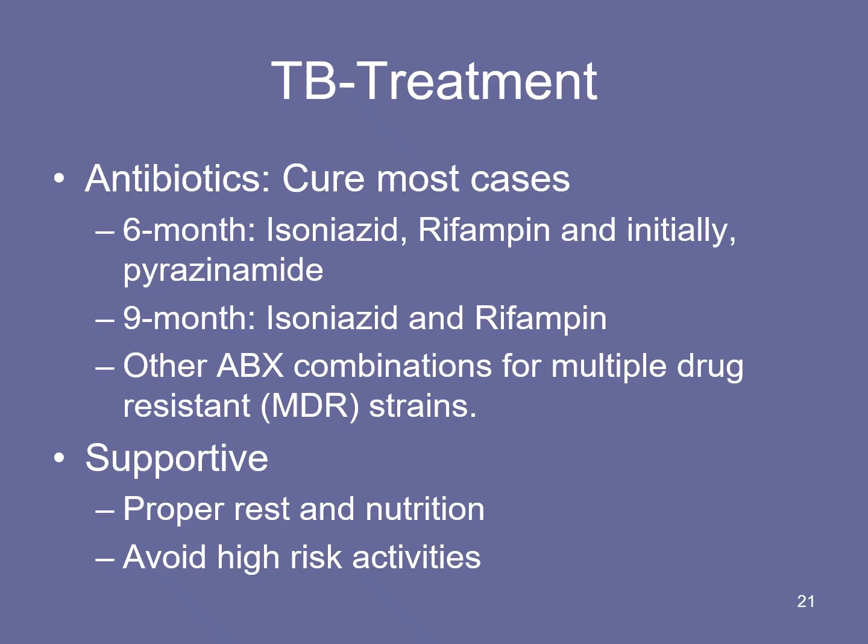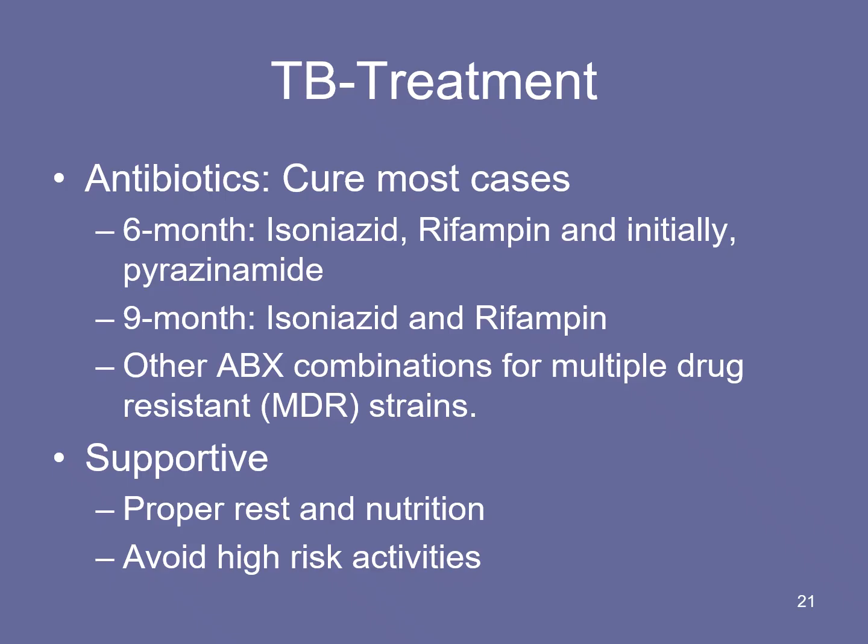The TB treatment. I'm a Rutgers faculty, and in fact, the first effective antibiotic against tuberculosis was streptomycin, and it was indeed discovered by some Rutgers researchers. However, because over time the acid-fast bacilli developed a resistance to streptomycin, many other drugs have been developed and introduced.